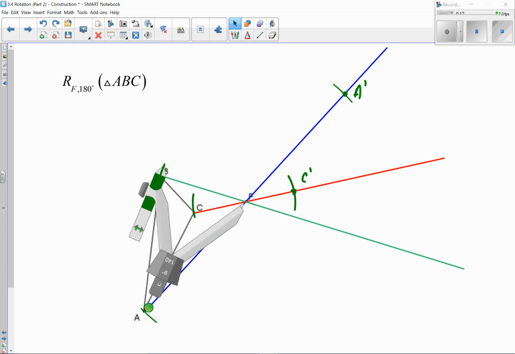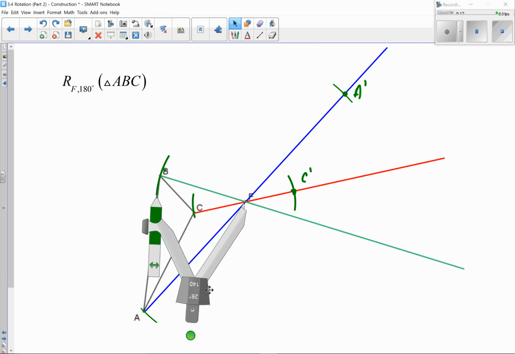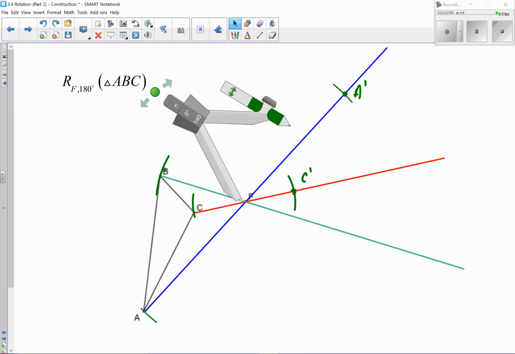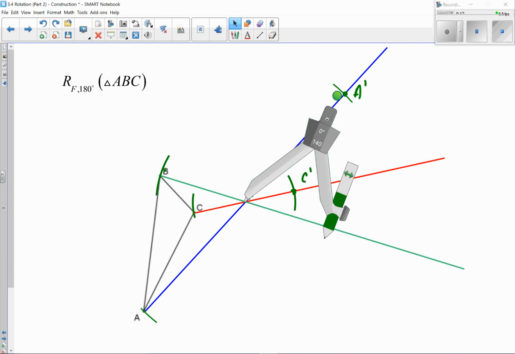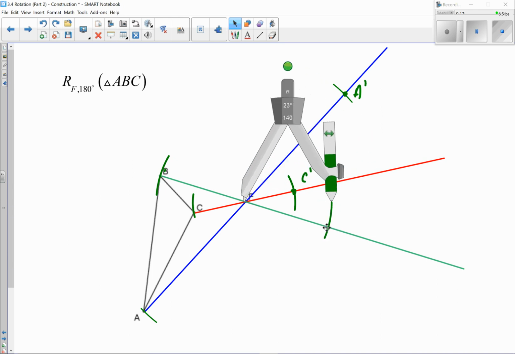That's better. So that shows me that measurement from F to B, and that's going to intersect over here. That gives me B prime right here.